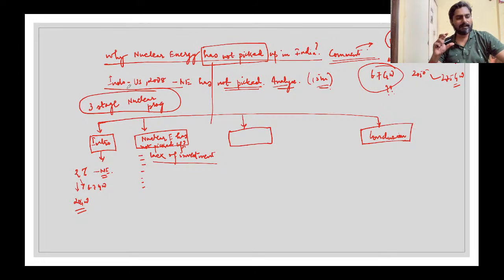So when India started its journey after independence, India wanted independence in this respect, that India should be able to produce nuclear bombs, and India should be able to produce electricity also. But when India tested Pokhran 1, okay, so you're not aware about India's three-stage nuclear program.